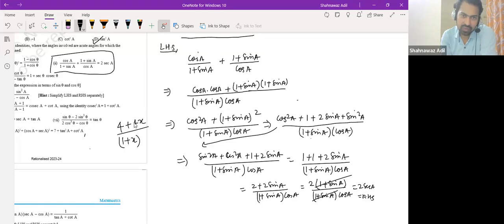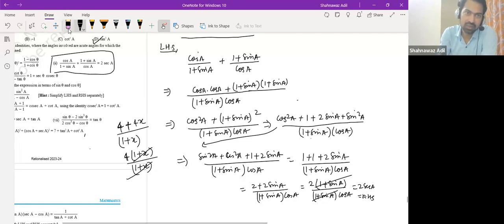If I take 4 common, from 4 this would be 1, and from 4x, I have taken 4 common, so this would be x. So 1 plus x. So that is why this can be done. Okay, thank you.